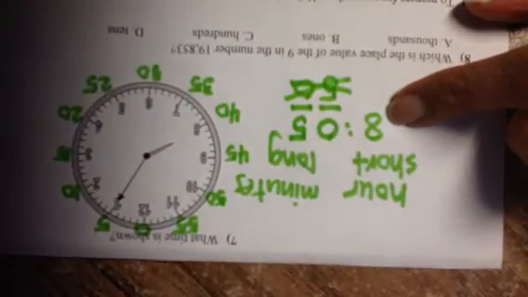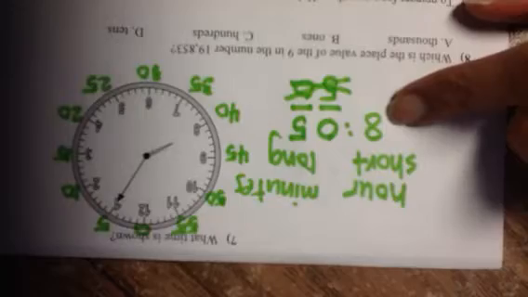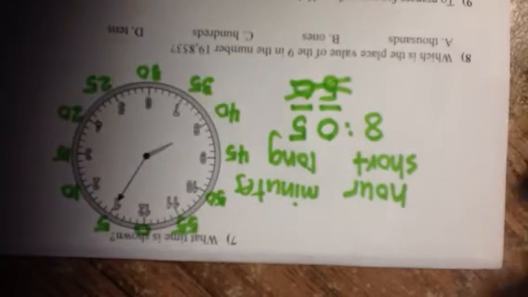So, no, that's not it. So you have to put the 5 right here, and then what goes here? A 0. So the time is 8:05, okay? We don't know if it's AM or PM. Remember, AM is in the morning, and PM is in the afternoon and evening.